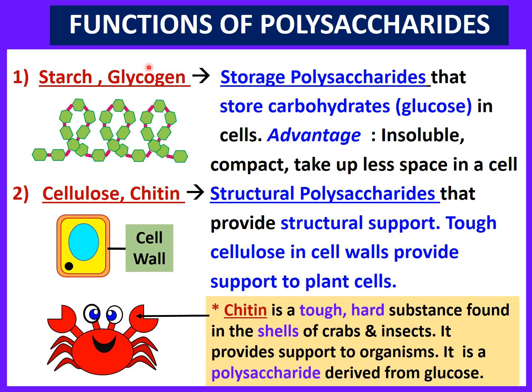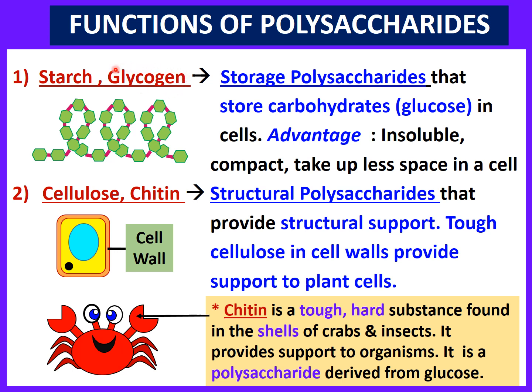Glycogen is converted into glucose so that the glucose level in the blood will rise, and glucose can be used in cellular respiration to produce energy for the cells. So in that way, glycogen stores the glucose. Okay, and this is for animals.